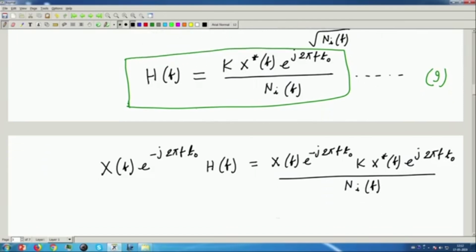You know, this side becomes nothing but K |X(f)|^2 by N_i(f).